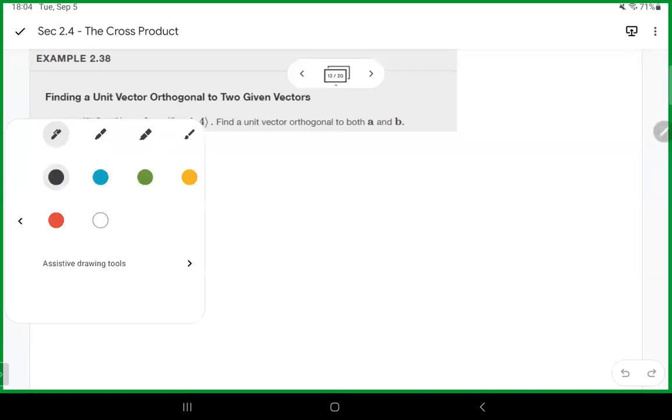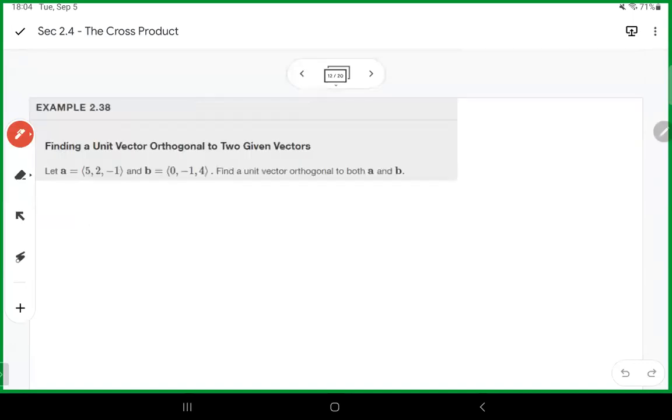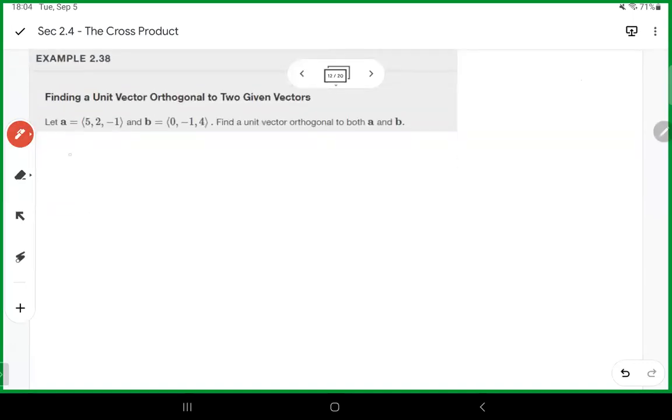So we're going to take A cross B. So we would have I, J, K, 5, 2, negative 1, 0, negative 1, 4.